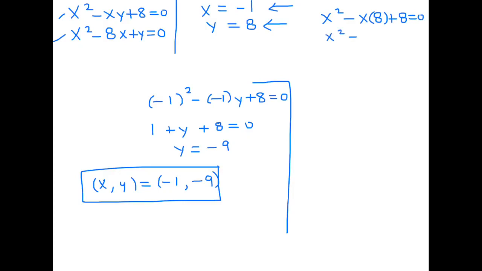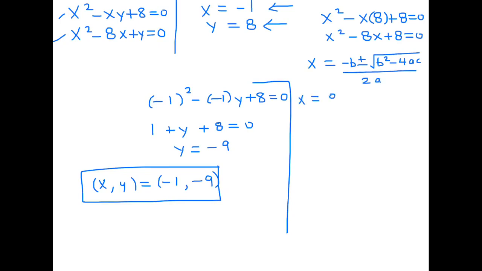And this is a quadratic equation, and I don't think it factors. Yeah, I don't think it factors because 8 and 1 or 2 and 4 unfortunately don't give you good factors, so we have to use the quadratic formula. That's okay. So quadratic equation, if you remember, minus b plus or minus the square root of b squared minus 4ac all over 2a.